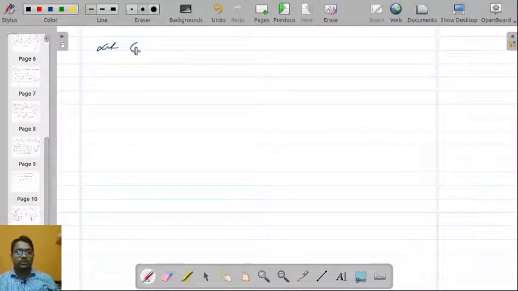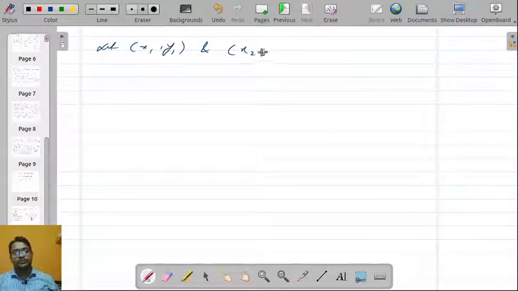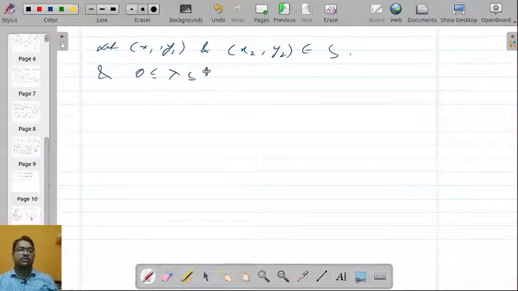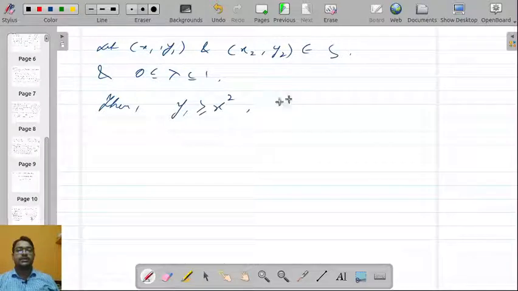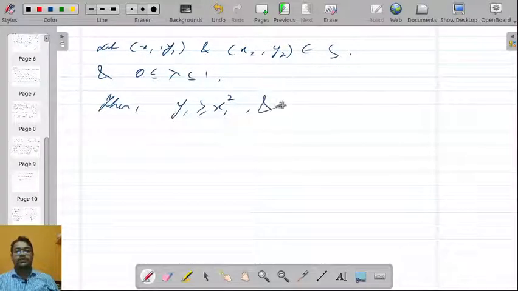Let (x1, y1) and (x2, y2) belong to S, be any elements, and 0 ≤ λ ≤ 1. Then what happens? They are elements of S. So y1 is greater than or equal to x1 square, and y2 is greater than or equal to x2 square.